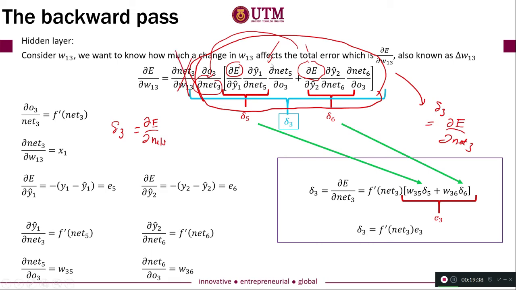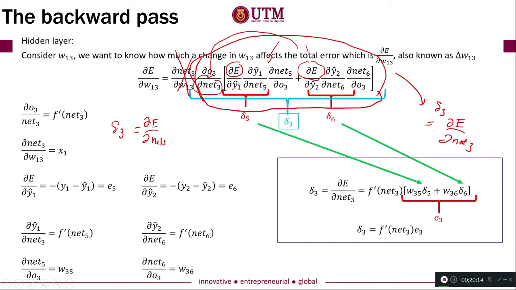You will see that inside here we have the things that we defined before, which is delta 5, because this is del E over del net 5, this is del E over del net 6, so this one will become delta 5, and then this one is considered as a delta 6.